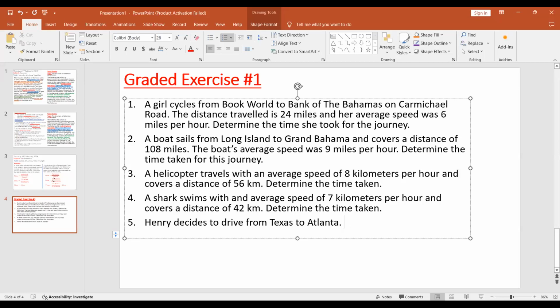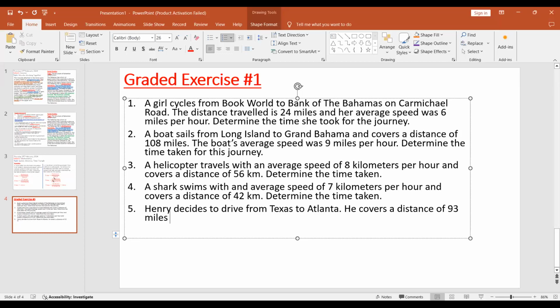He has an average speed of 60 miles per hour and covers a distance of, let's say, 180 miles. Determine the time taken for his drive.